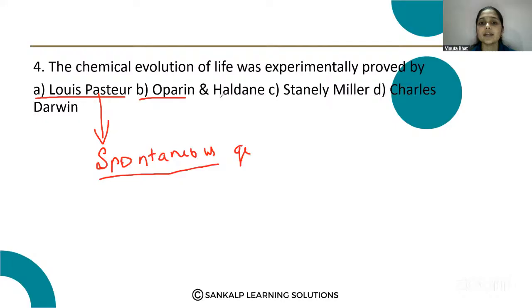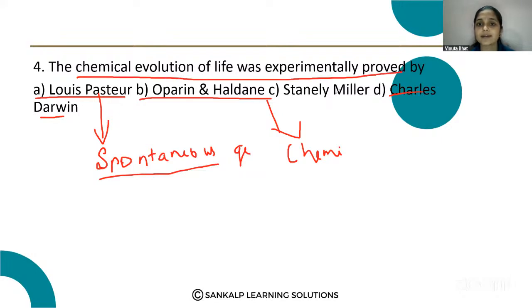Oparin and Haldane theoretically proposed the theory of chemical evolution. Charles Darwin proposed the theory of natural selection. But the experimental proof for chemical evolution was given by Stanley Miller.